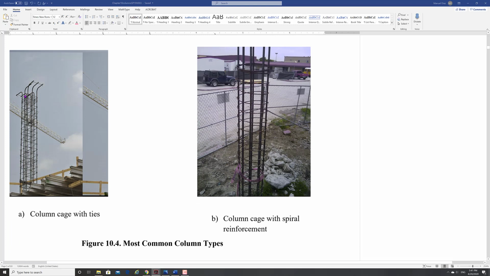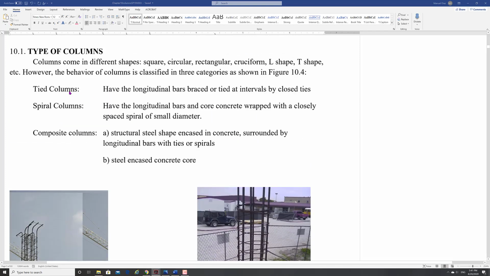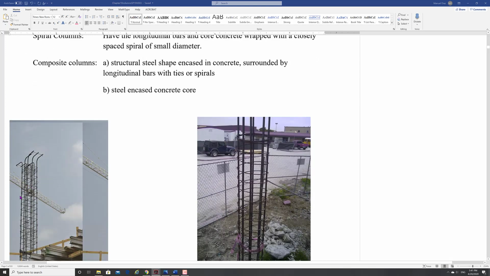All right. Now, why do we bend the bars here? Again, to have the overlap with maybe a beam or something, to provide the continuity. But this is a cage for a column, and you can see the ties. So that's what makes it a tied column. Now, if it's a circular column, you may have circular ties.